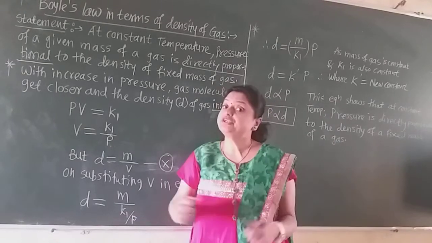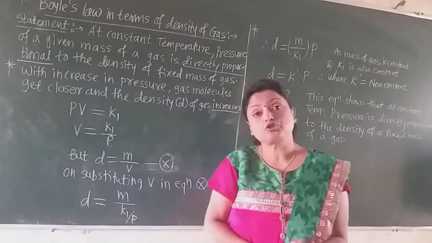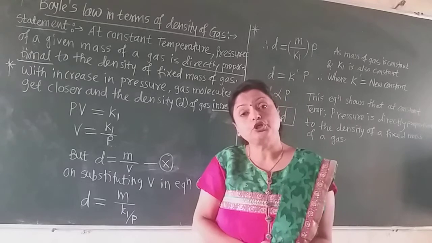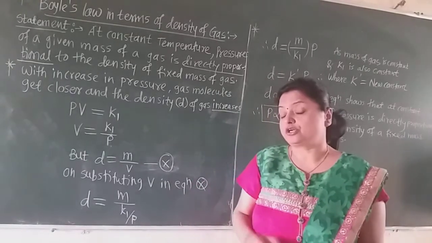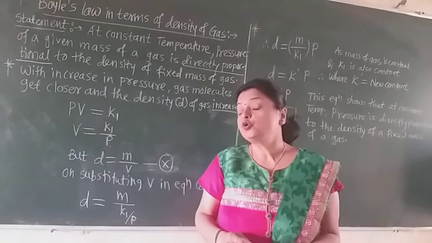That means the pressure of the fixed mass of the gas is directly proportional to the density of that gas at constant temperature. Now this is the statement. Now we have to prove this.